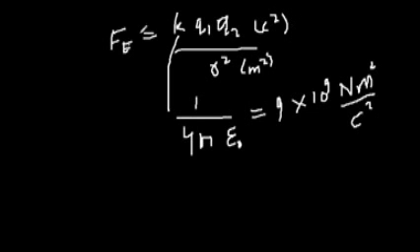And you know force is in newtons, so just solve the equation. You get K is equal to Newton, and this meter square goes up here, and this Coulomb square goes down here, so you have Newton meter square by Coulomb square. So that is the constant K.